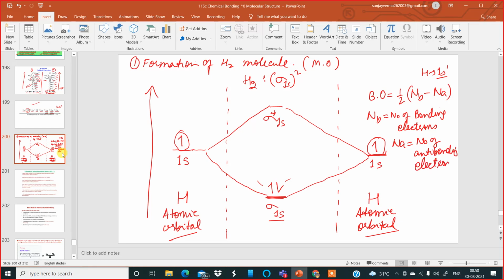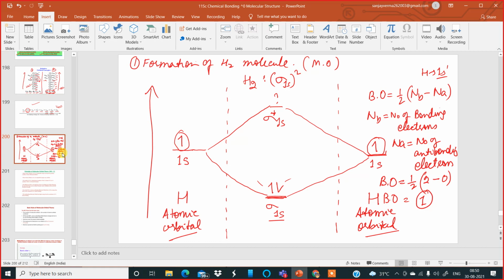So we apply this formula. Half into Nb, which is 2, minus Na, which is 0, so half into 2 minus 0, it becomes 1. So the bond order for hydrogen molecule is coming to be 1.